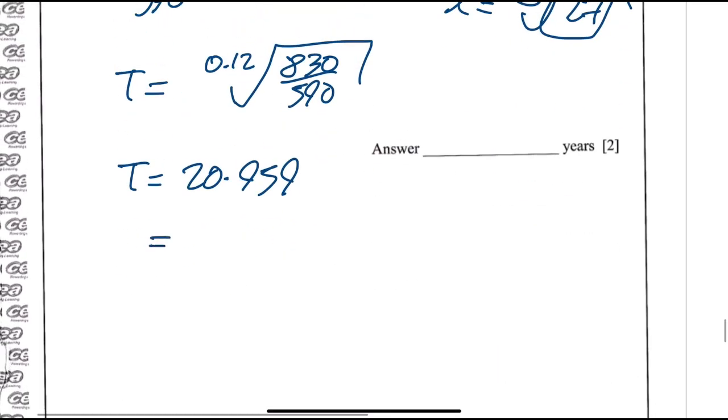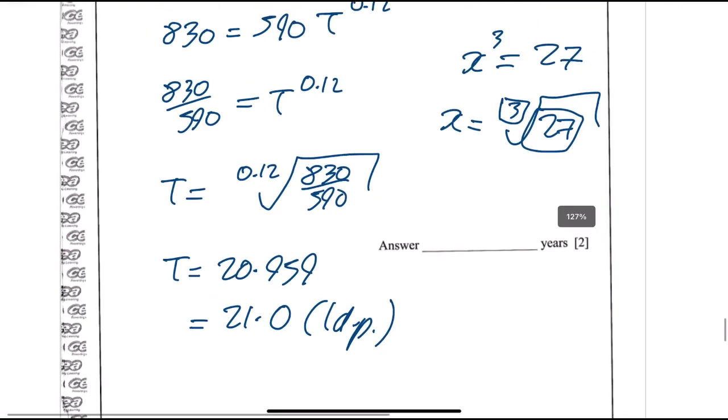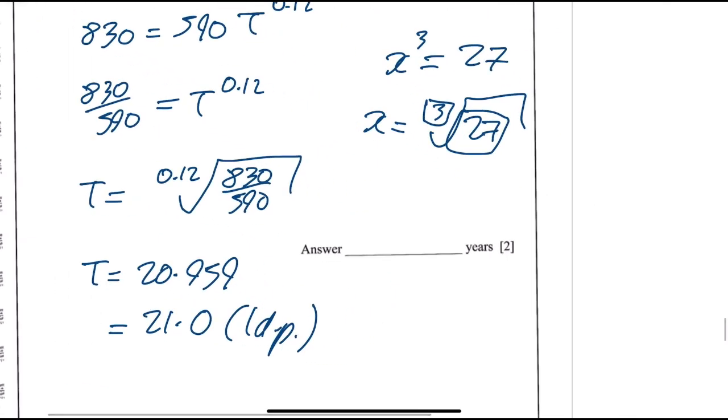So this number to 1 dp is 21.0. So use that wee trick using that button on your calculator, any root button. You can do the 4th root, the 5th root, the 10th root, whatever, of something. That's the nicest way of doing it.